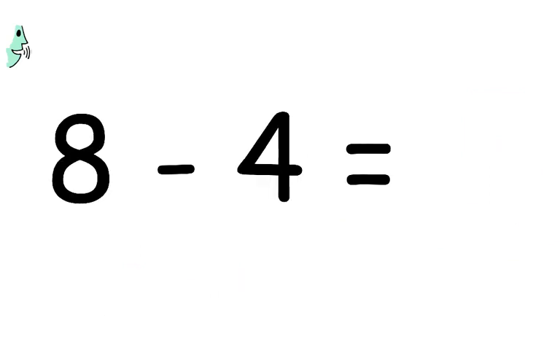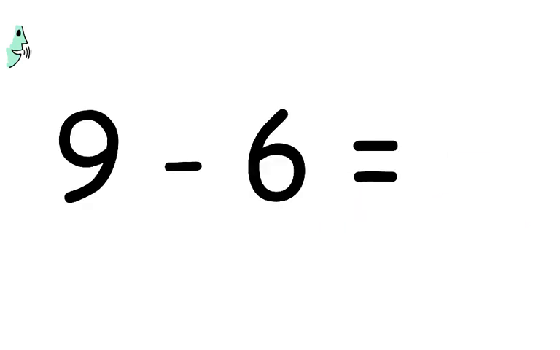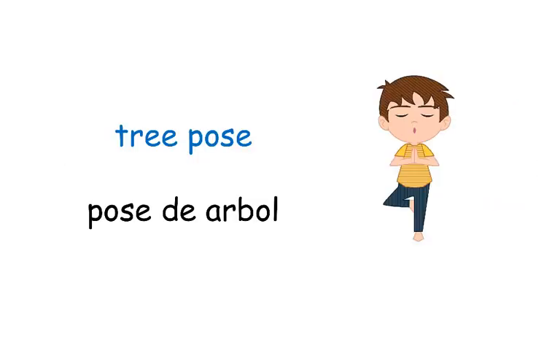Doubles. 8 minus 4 equals 4. Oh, look at it again. It's a double. 9 minus 6 equals 3. Tree pose.